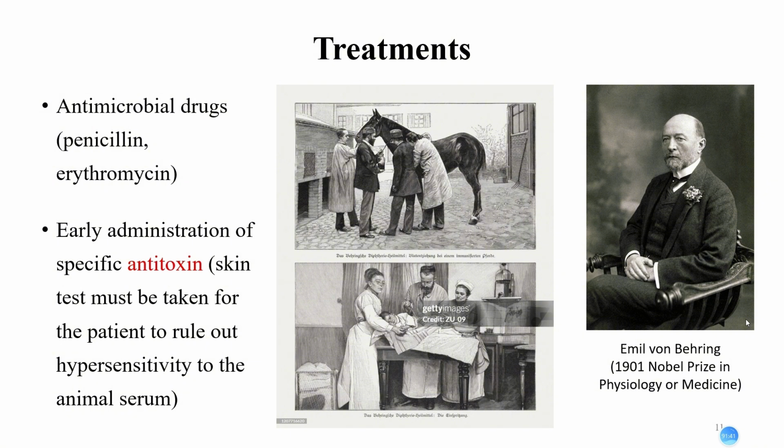This work was done by Dr. Emil von Behring. I think he's German, right? German, yeah. That's the first discovery of antibody which can neutralize a toxin, so they call it antitoxin. And Dr. Behring received the first Nobel Prize in physiology or medicine.